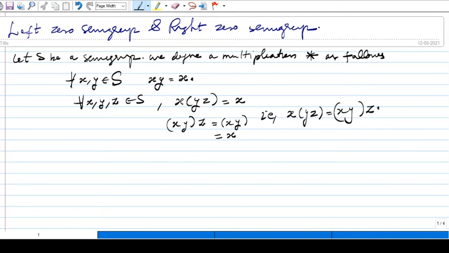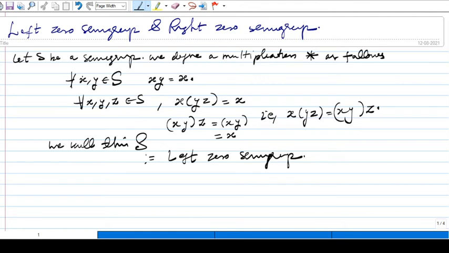So this multiplication is associative, and that means it is a semigroup. We call this semigroup a left 0 semigroup.